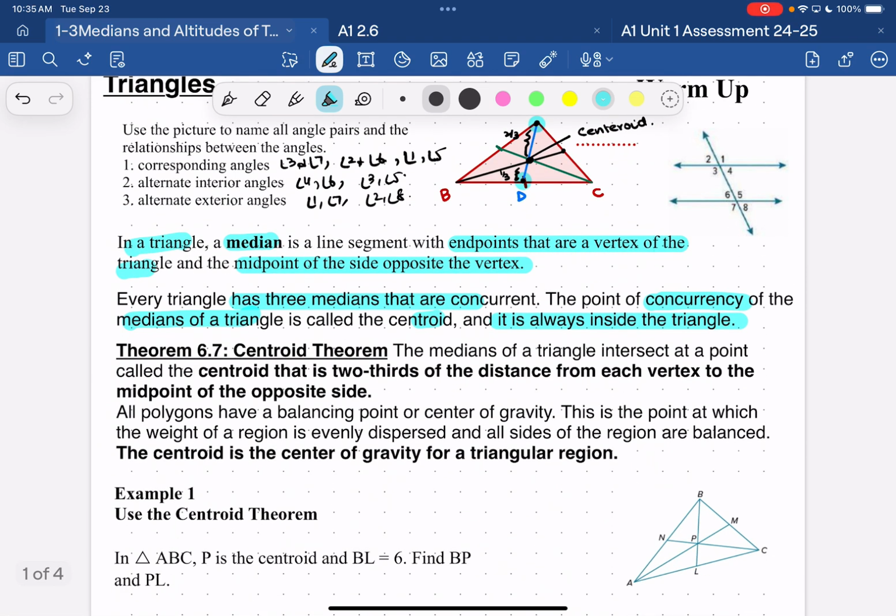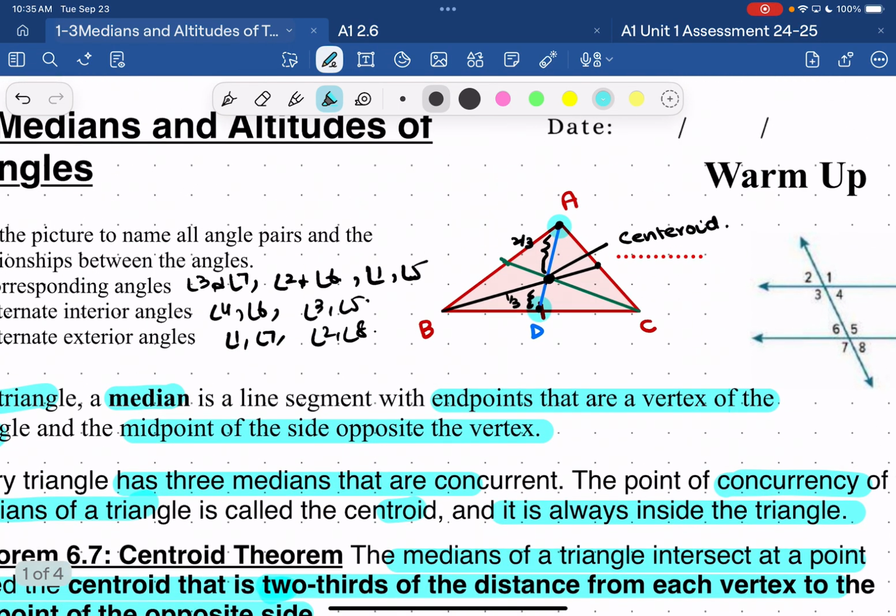The medians of a triangle intersect at a point called the centroid, that is 2/3 of the distance from each vertex to the midpoint of the opposite side. So the distance from the vertex to the centroid represents 2/3 of the length of the median, and the distance from the centroid to the midpoint represents 1/3 of the length of the median.